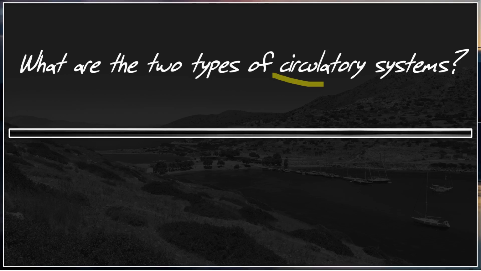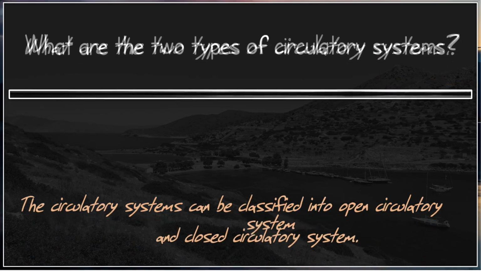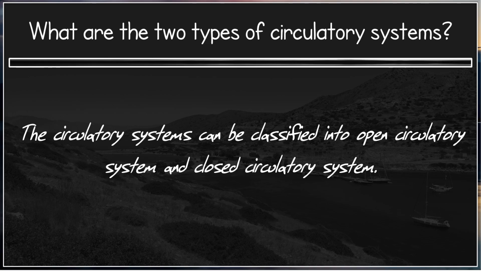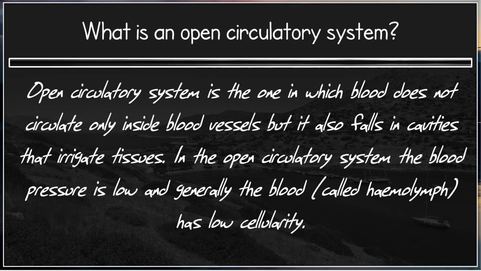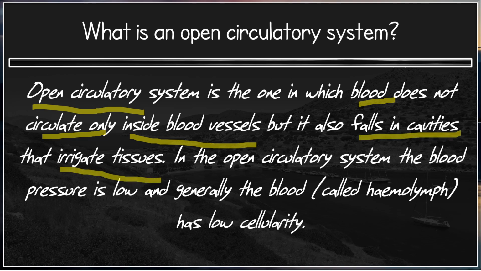What are the two types of circulatory systems? Circulatory systems can be classified into open and closed circulatory systems. What is an open circulatory system? An open circulatory system is one in which blood does not circulate only inside blood vessels, but also falls in the cavities that irrigate tissues.